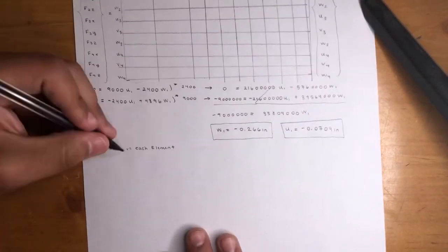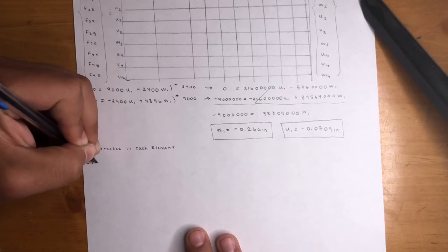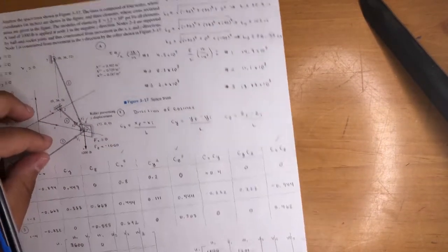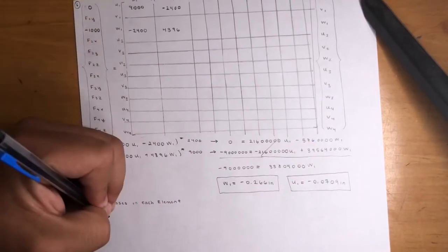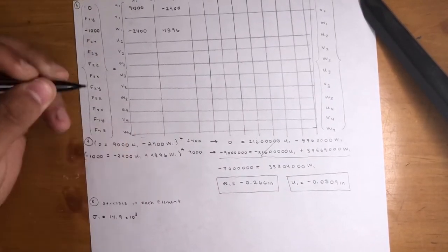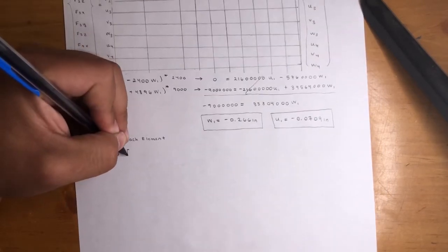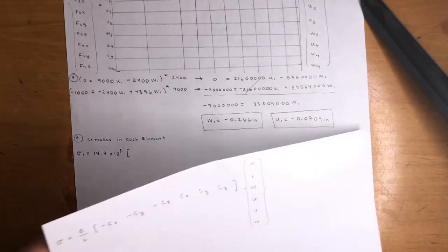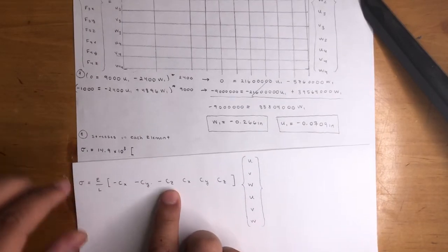So for sigma 1, it was E over L. Remember, we got 14.9 times 10 to the third. Okay. And that formula I showed you, it's negative CX, negative CY, negative CZ.